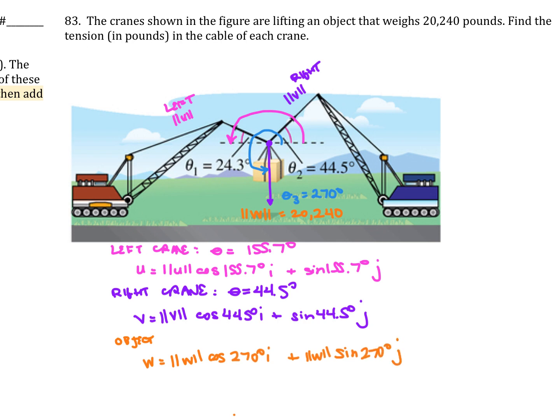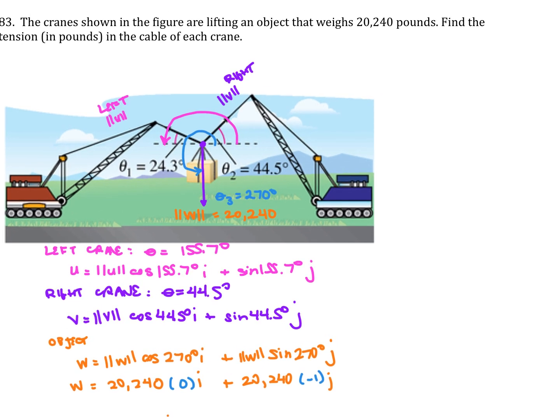Now we actually know what our magnitude is. Magnitude W is 20,240. And cosine of 270, we actually know what that is. The x value is 0. And then we have the sine, which is 20,240 times sine of 270 degrees, which is -1.